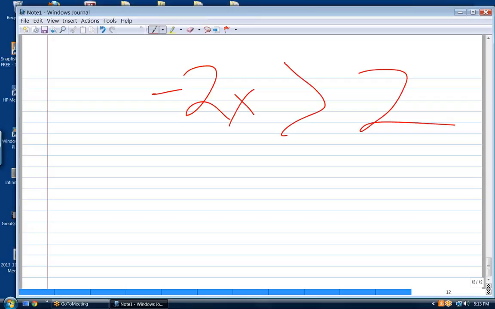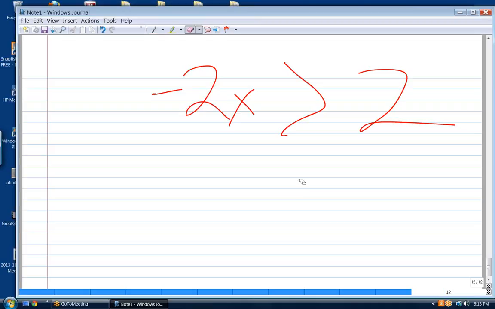In other words, there's only one difference between inequalities and equations when it's linear like this. And that is whenever you have to divide or multiply by a negative number, you have to change the direction of the inequality.